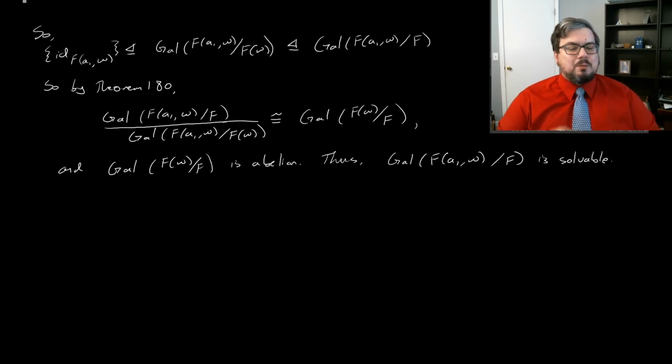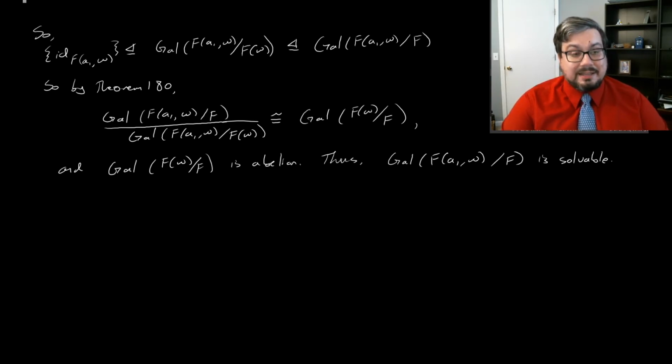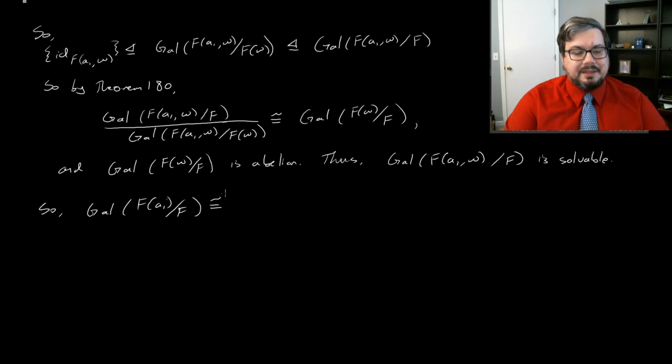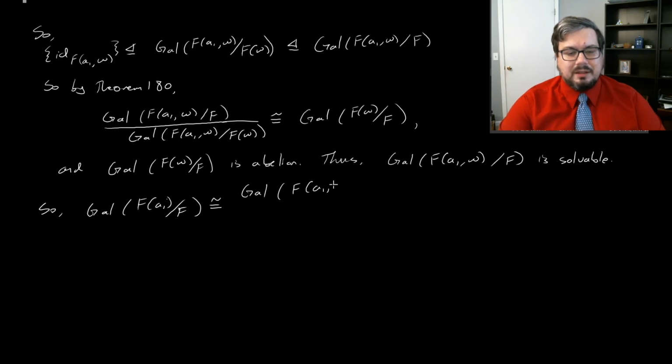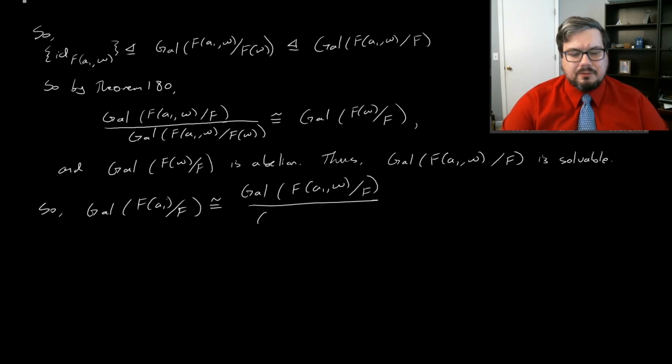Now, this isn't quite what we wanted. We wanted the Galois group of F of a1 over F to be solvable. But we can get that again by the fundamental theorem of Galois theory. So we have that the Galois group of F of a1 over F is isomorphic to the Galois group of F of a1 omega over F, over the Galois group of F of a1 omega over F of a1.